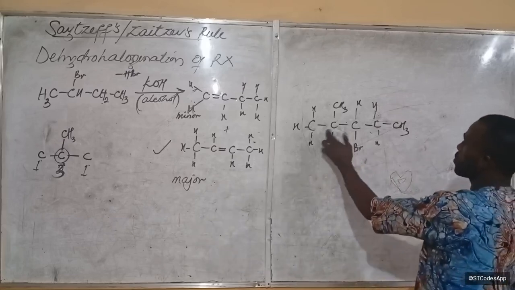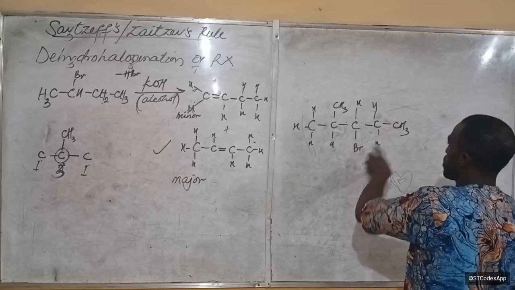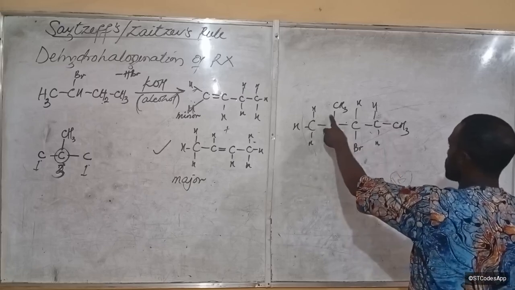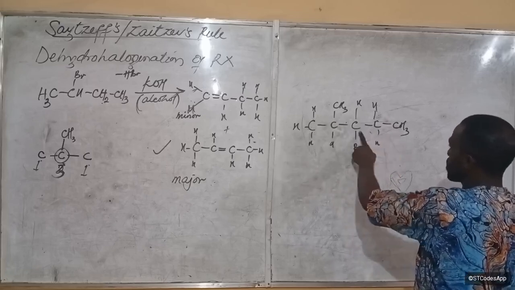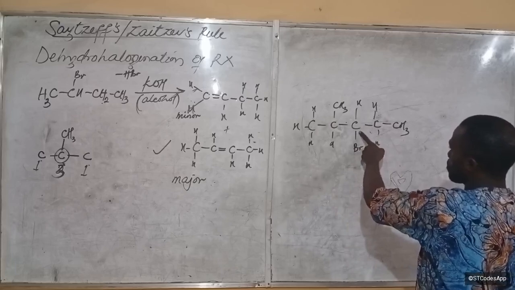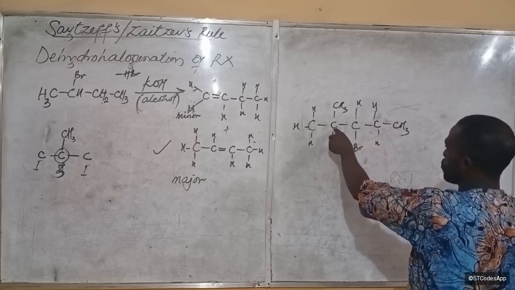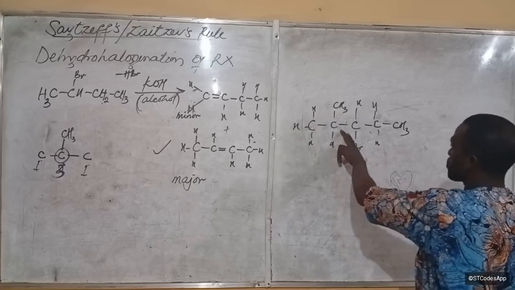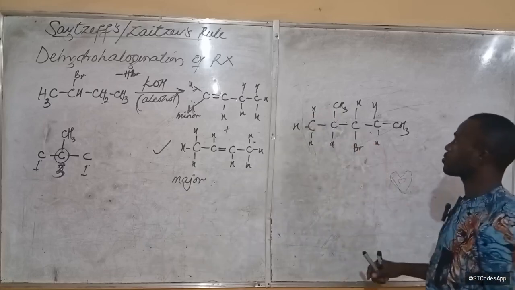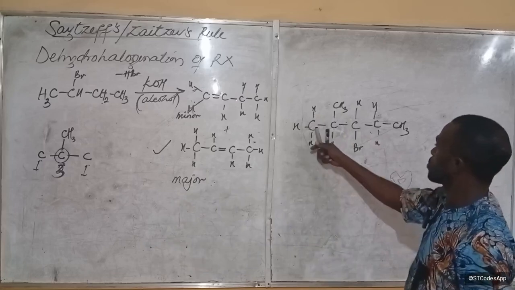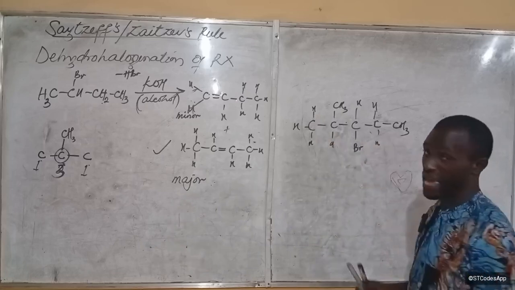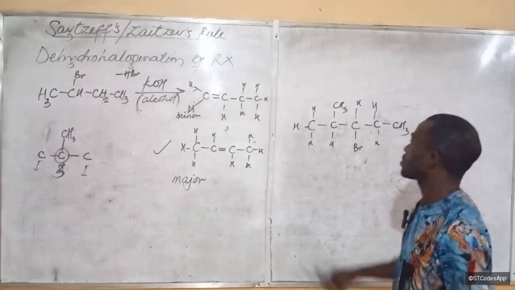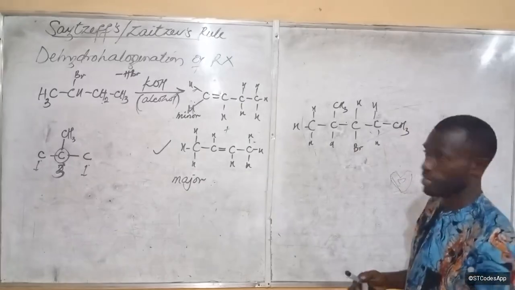This will be 1, 2, 3, 4, 5. So this will be 2 methyl, 3 bromopentane. 2 methyl, 3 bromopentane.